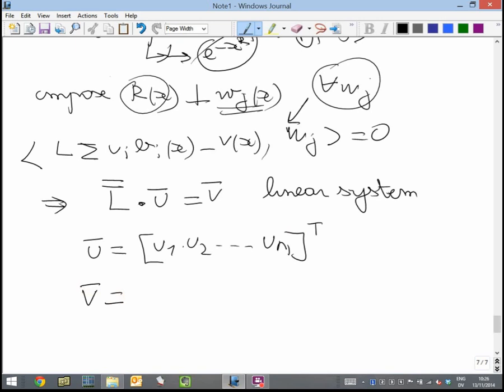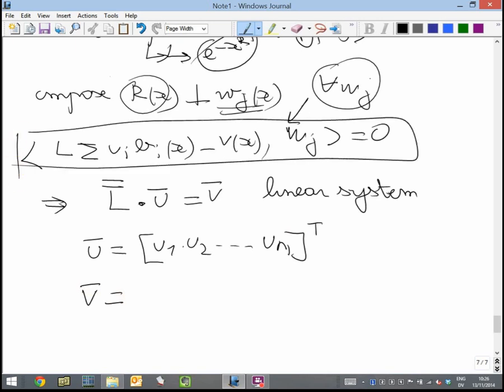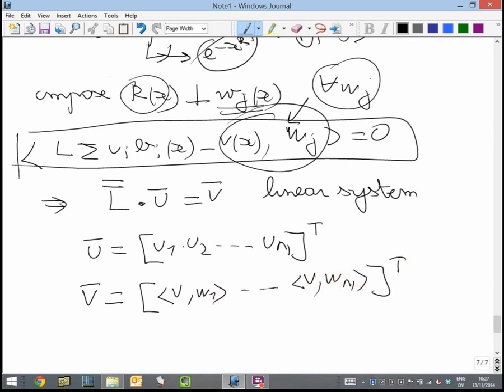What is the vector V here? If you just expand this component by component and write it down explicitly, you will see that V is actually formed by a vector where all of the elements consist of taking the scalar products of the function V with the first weighting function, all the way up to taking the scalar product with the last weighting function. So this is another column vector.